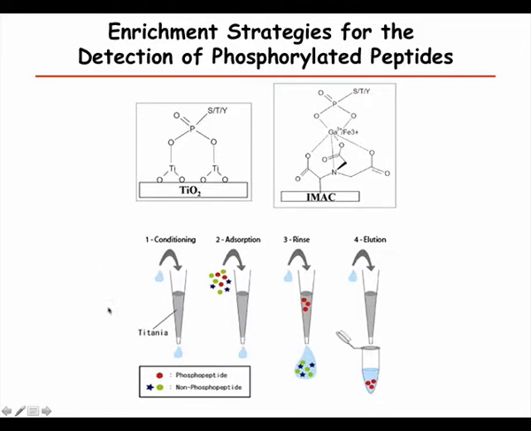You can do this in a tip. The idea is that we can enrich for phosphopeptides, and if we do that for the same sample where we just saw a few phosphopeptides in the global analysis, with this enrichment we can see many phosphopeptides.